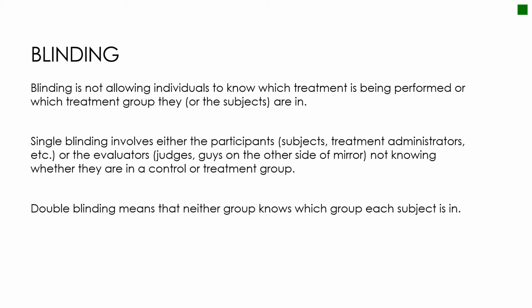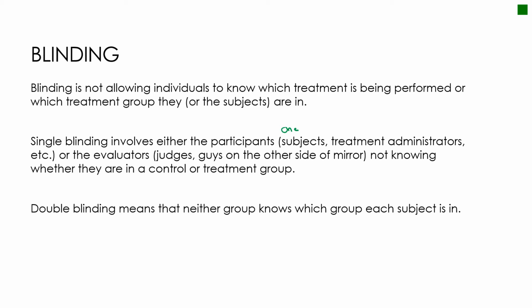Blinding is when we do not allow individuals to know which treatment is being performed on them, or which group they're in. And sometimes we don't let the people who are collecting the data know that information either. A single blind is where just one of the two doesn't know who's in which group.